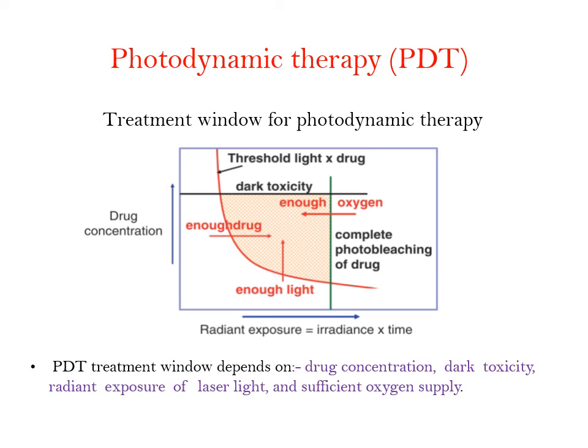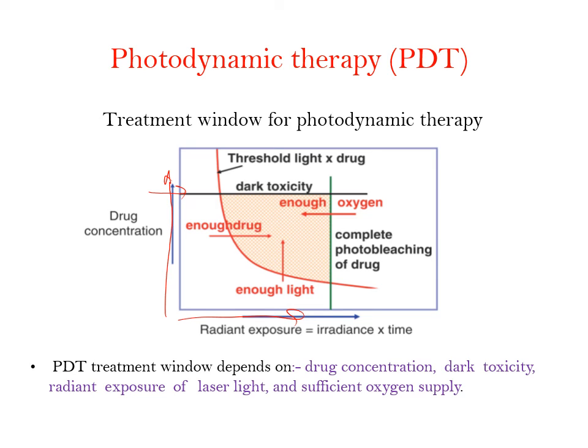If the drug concentration is above the threshold value, the body could be intoxicated, and if the exposure time is above the threshold, complete photobleaching of the drug could occur, and that will make the photodynamic therapy ineffective.